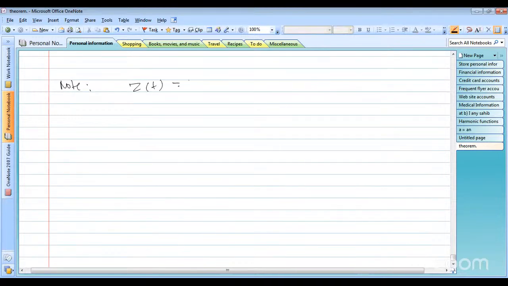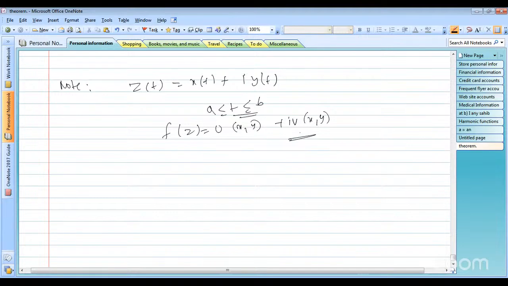Let z of t equal x of t plus i y of t, with a less than or equal to t less than or equal to b, be a smooth curve, and let f equal u of x comma y plus i times v of x comma y be continuous on C, with u the real part and v the imaginary part.